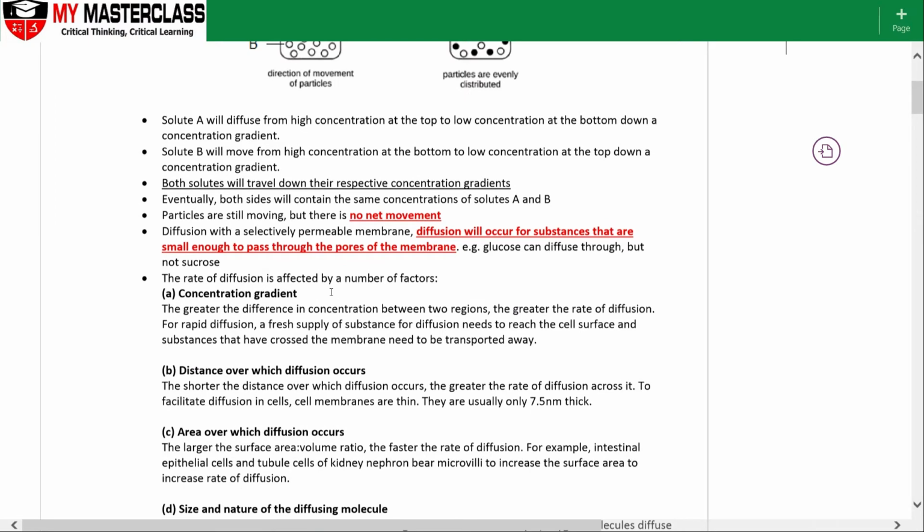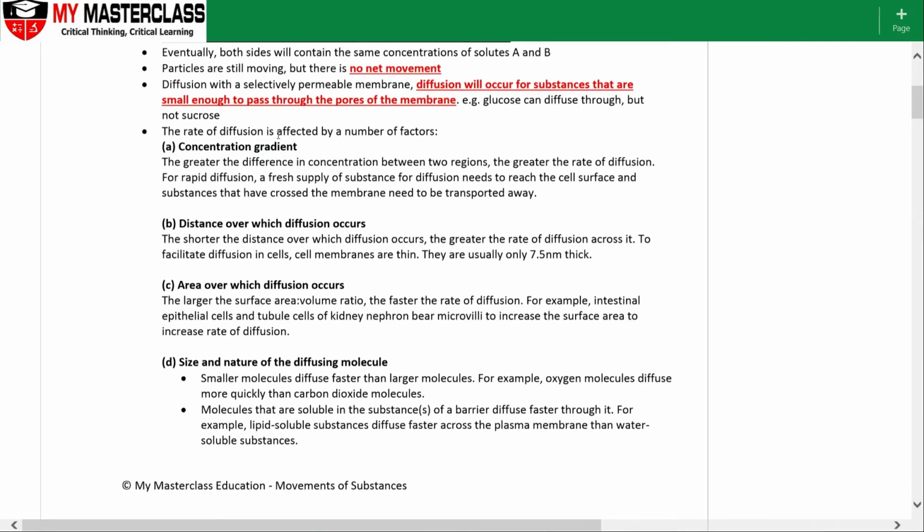Okay, so there are some factors that affect the rate of diffusion, or how fast diffusion will take place. Firstly, we look at concentration gradient. The greater the concentration gradient, the greater the rate of diffusion. The most common example is cooking.